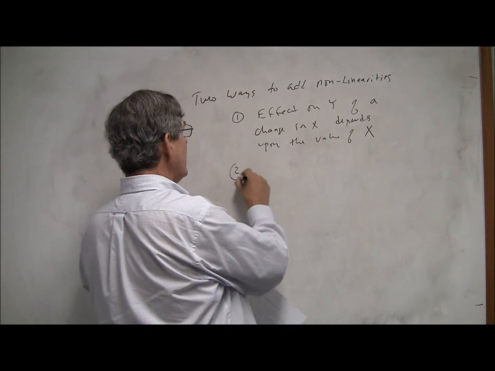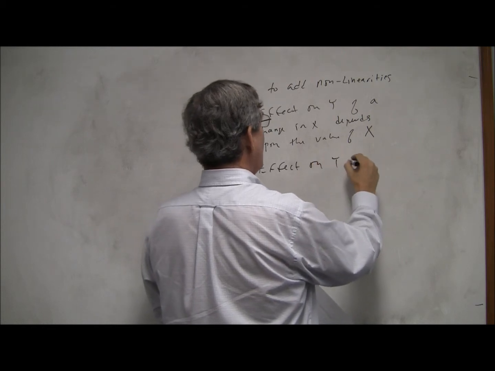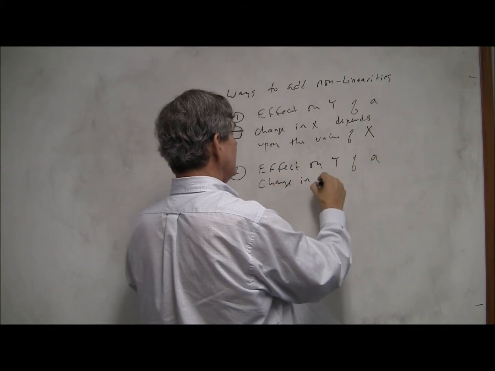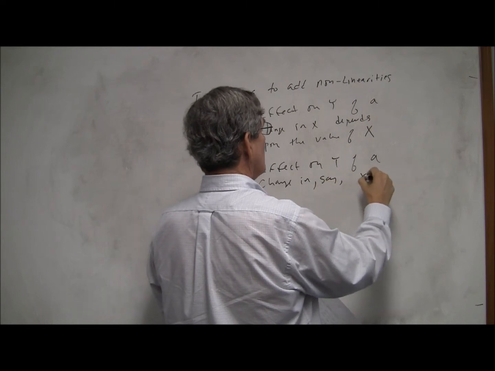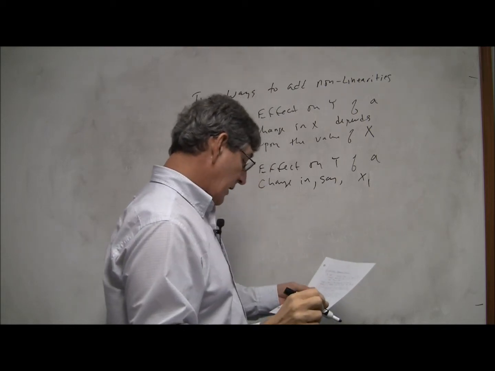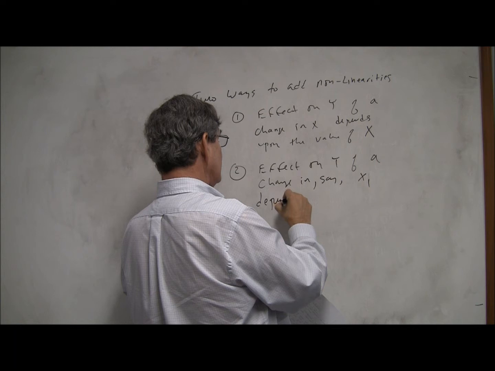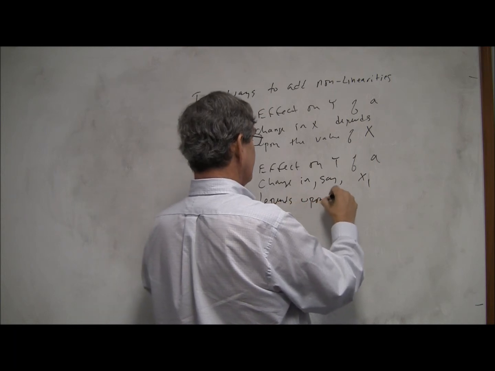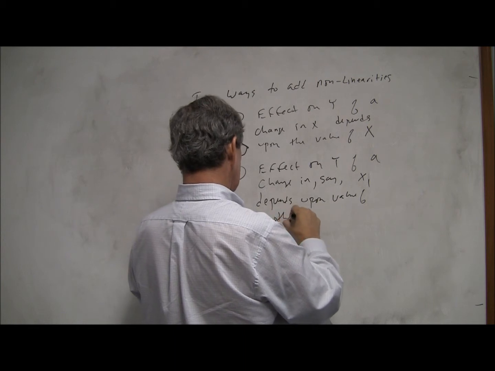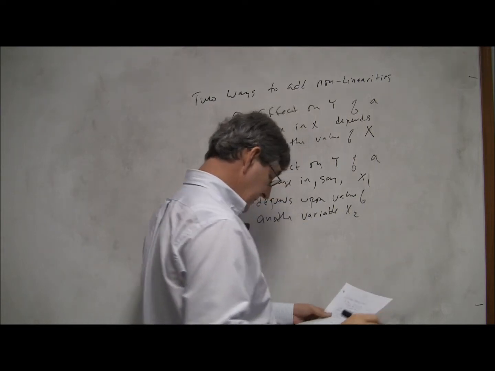And the second is when the effect on y of a change in, say, x1, I guess I've been using subscripts, x1 depends upon the value of another variable, x2.